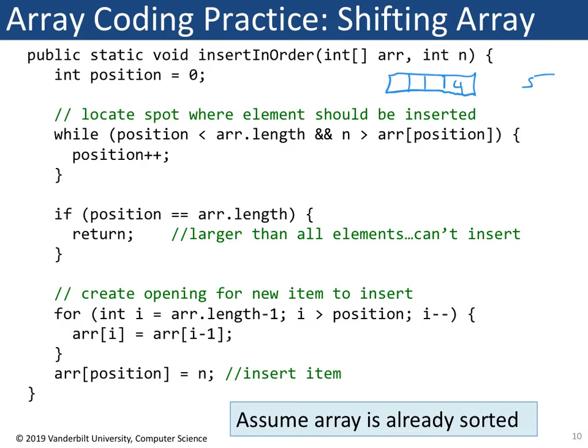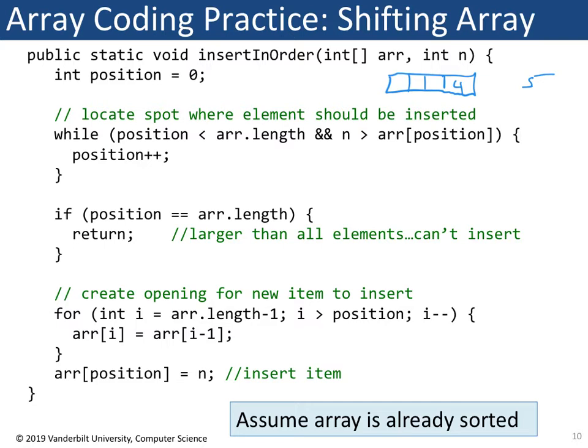No, the array length is 4. Is n, 5, greater than the value stored in that location, 4? Yes, it is. So we would have executed the statements in this while loop, and we would have incremented position to be the value 4, which would point to here. So element 0, 1, 2, 3, 4. We're now pointing past the end of the array.